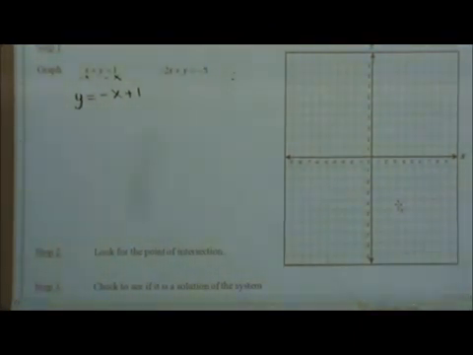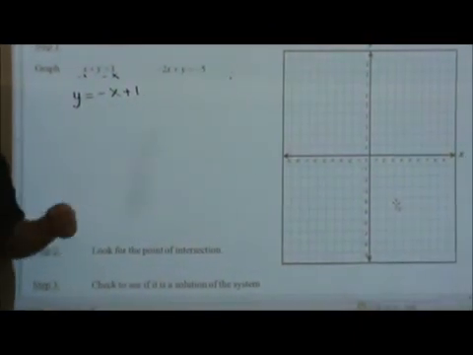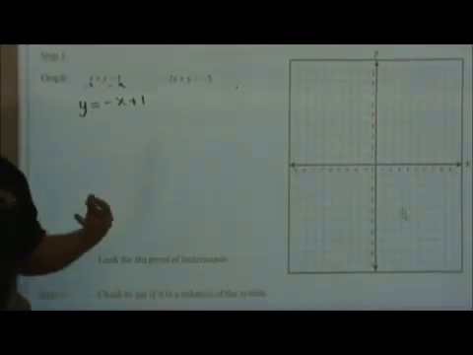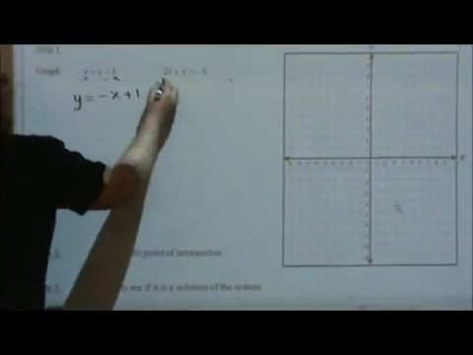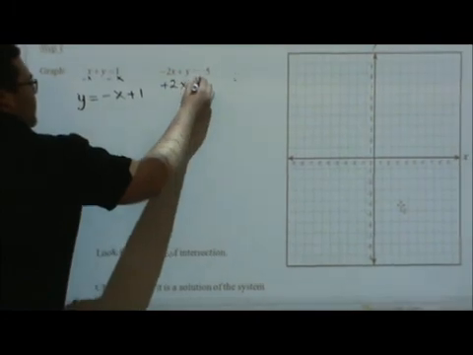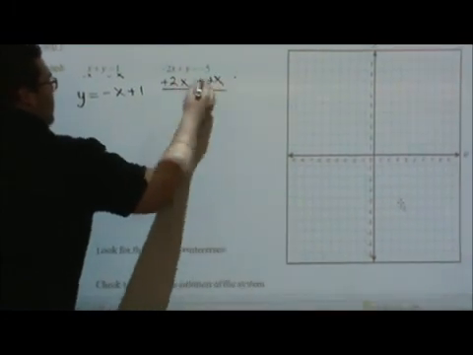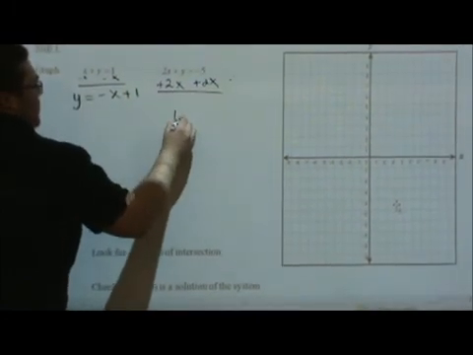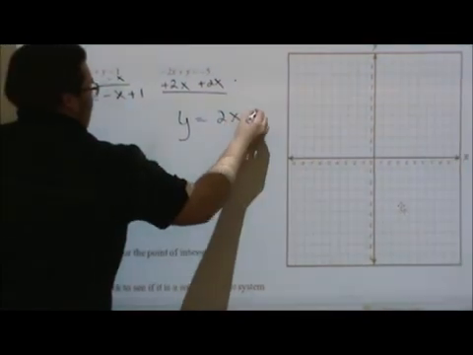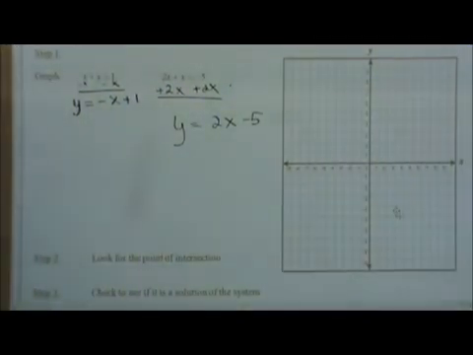It's in slope-intercept. The other equation, not in slope-intercept either, so we've got to get it there. Add 2x to both sides, and we get y equals 2x minus 5.